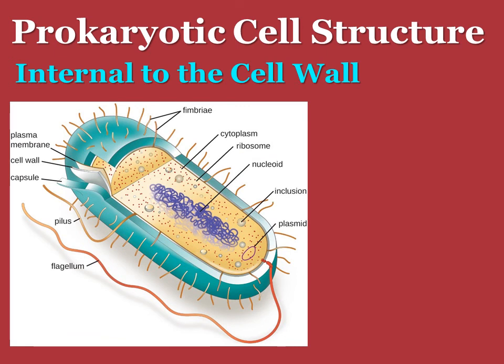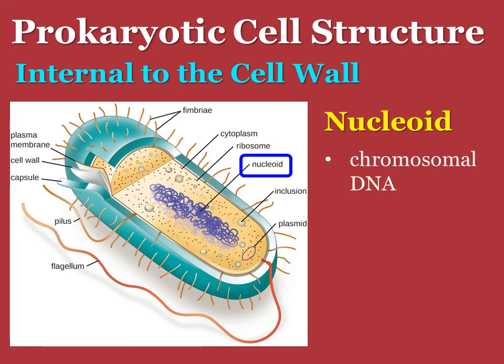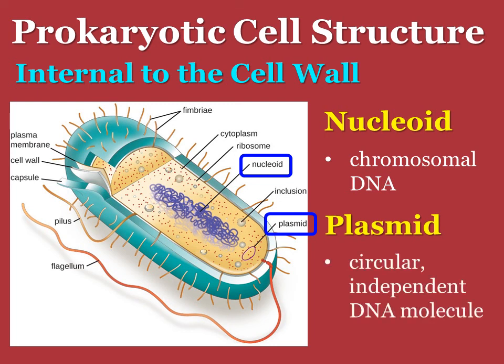A bacterium contains two forms of DNA. The chromosomal DNA is a single long continuous thread of double-stranded DNA. The other form, plasmids, are circular double-stranded DNA molecules that usually carry genes for antibiotic resistance or enzyme synthesis. In contrast to the nucleus of a eukaryotic cell, a nucleoid is not surrounded by a nuclear membrane.